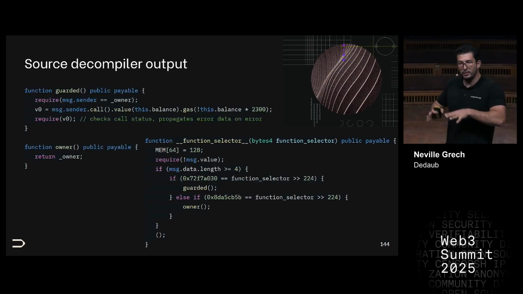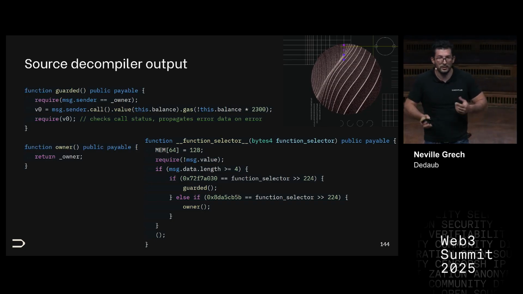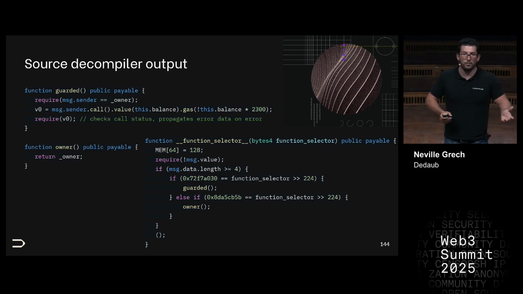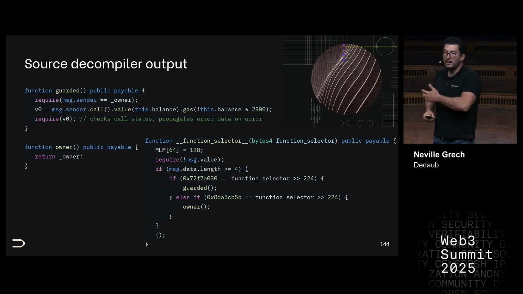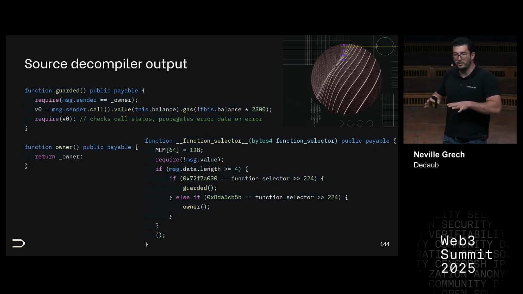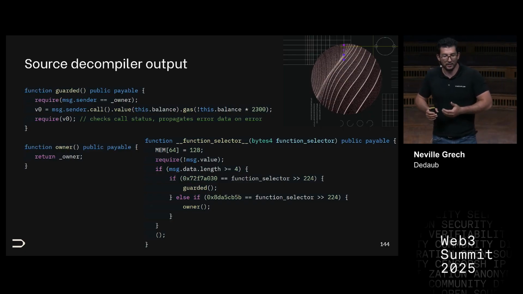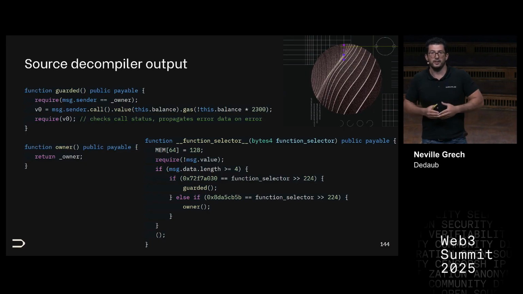Okay, so here's another representation that our decompiler offers. So if you want to play with our decompiler, just go to Google and search for Ethereum decompiler or Dedaub decompiler. This is a higher level representation of the program than what I've just showed you in the previous slide. And this level of representation is very good for inspecting code, meaning that if someone has deployed a smart contract without any source, you can use a decompiler and you can understand what they did.